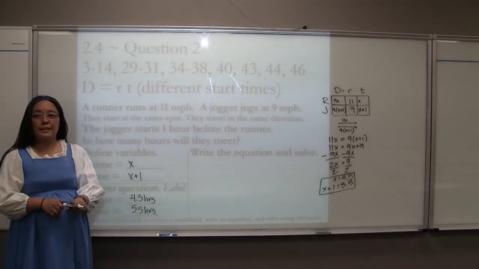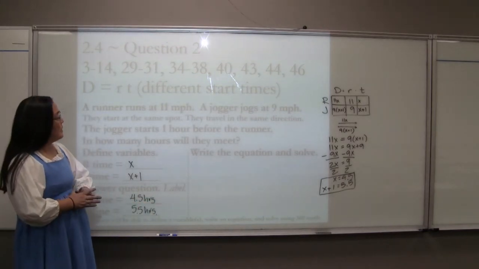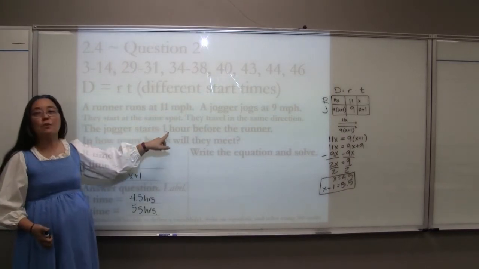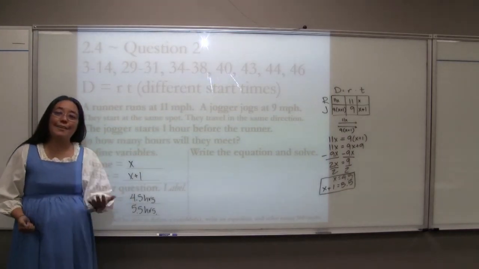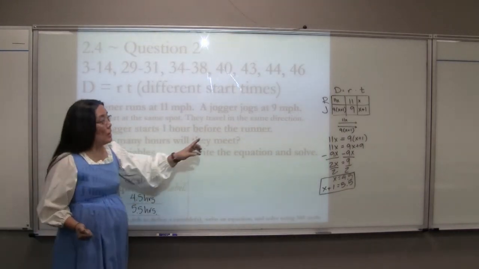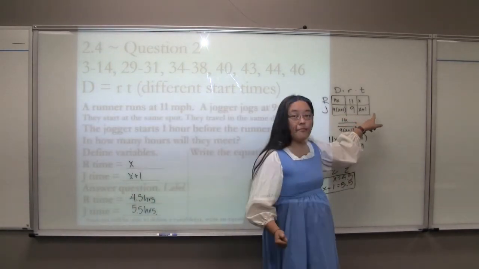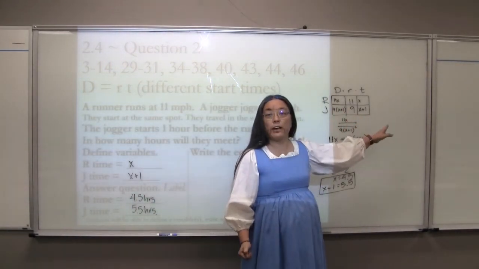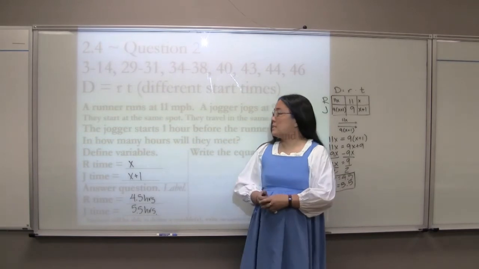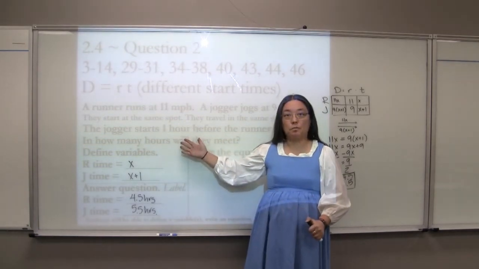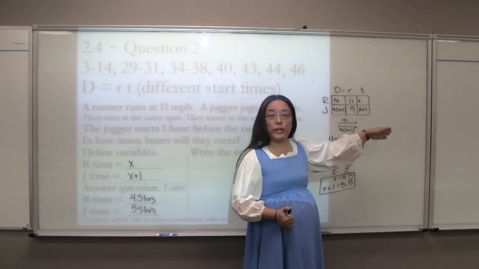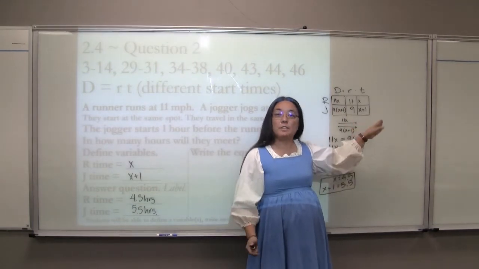Be careful on these. One of the problems is that instead of starting an hour before, they'll start half an hour before, in which case it would be x plus a half. You may use x plus 0.5, but I've had some students, when it says maybe they start 30 minutes before, they'll put x plus 30.